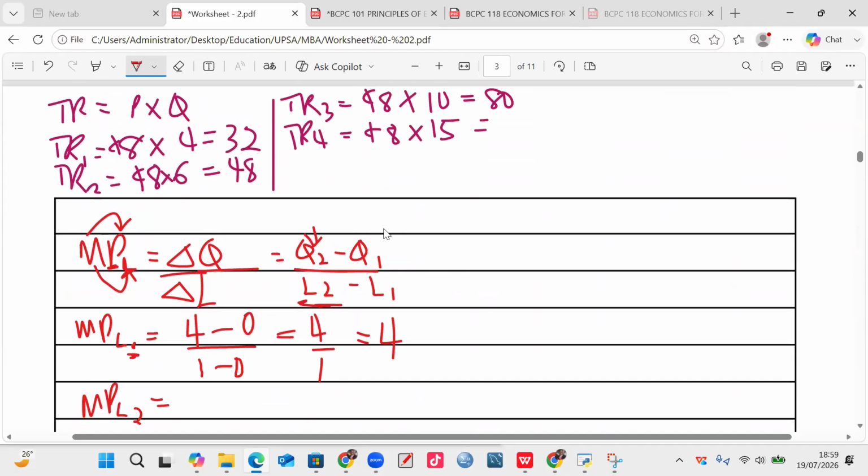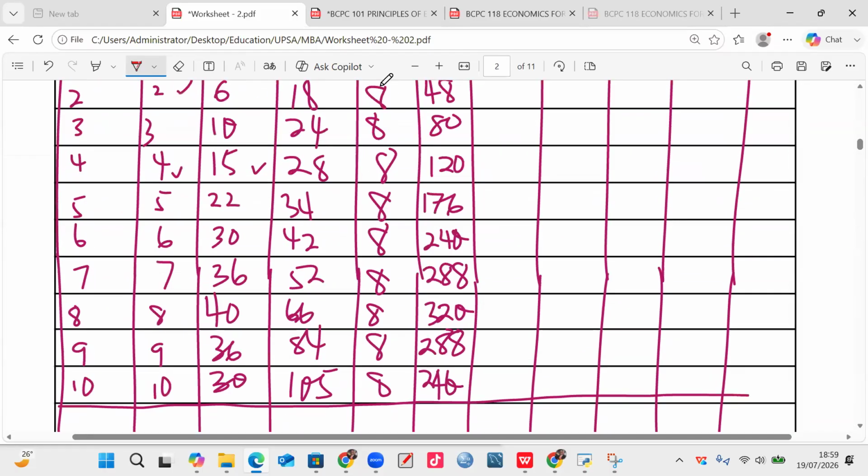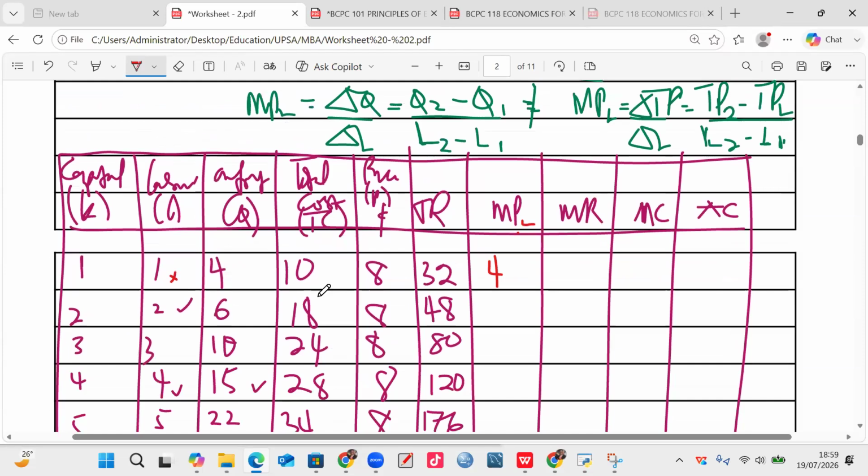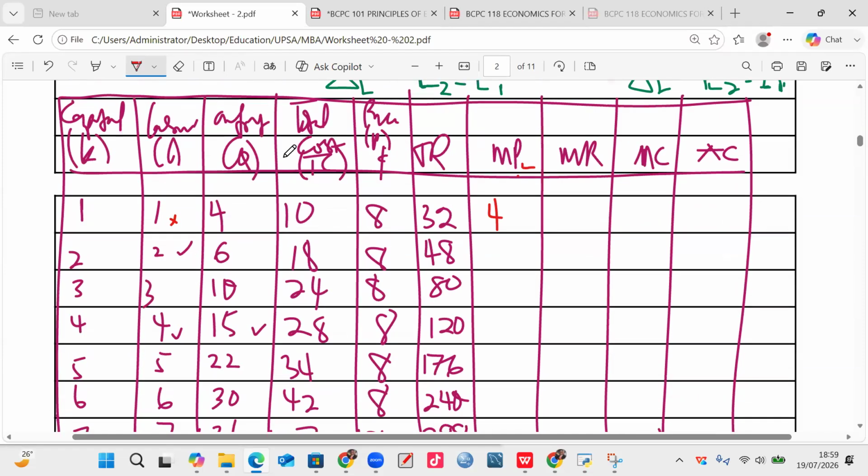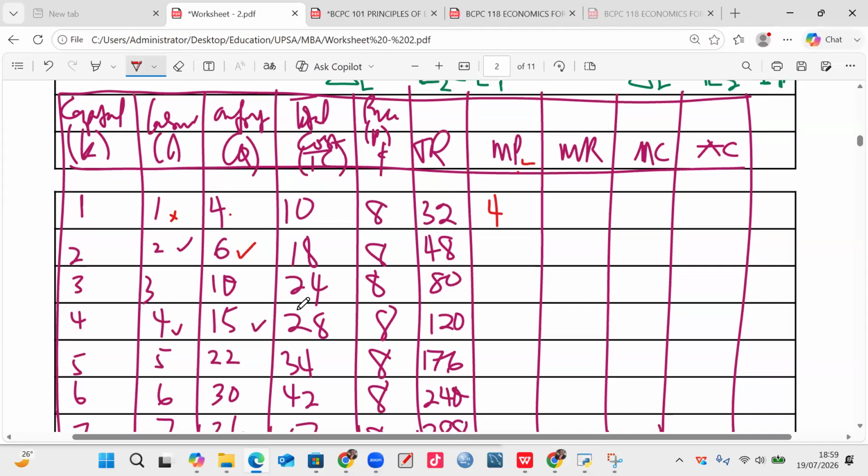MPL 2 equals, what is the current Q2? This is production theory. What's the current Q2? This Q, this 6. Then what is the previous? 4. Which output unit came before 6? It is 4. You're on labor 2. The current is 6. The previous is 4.